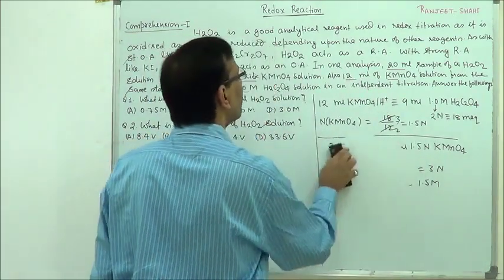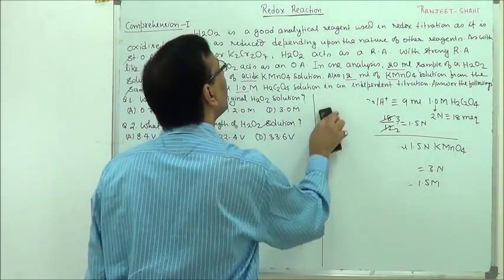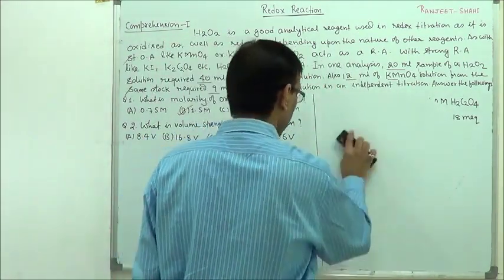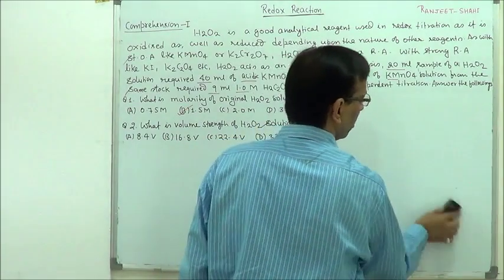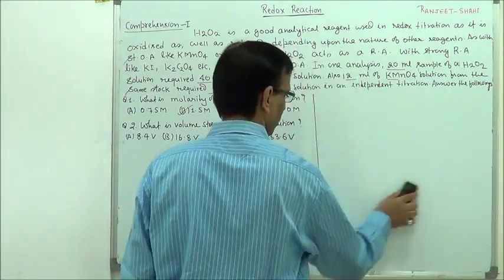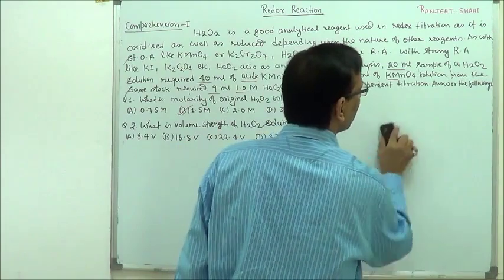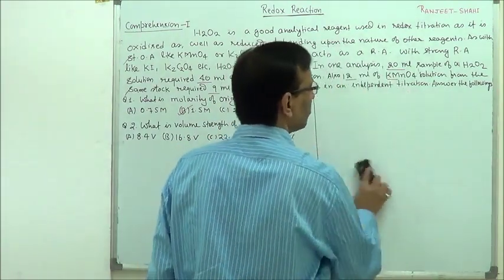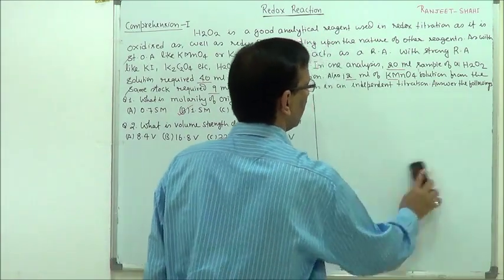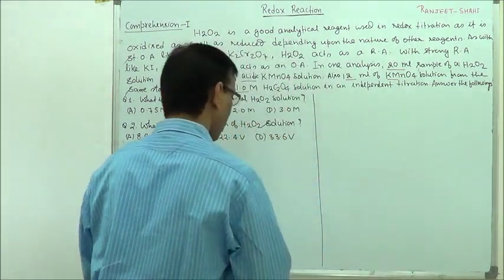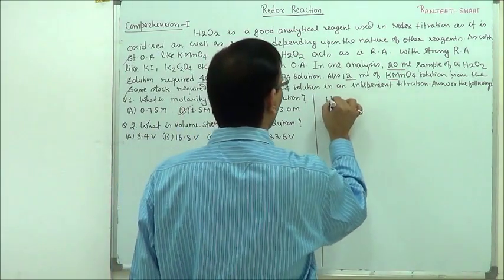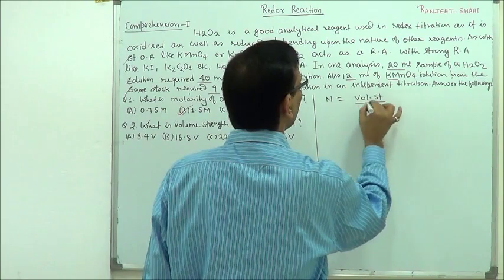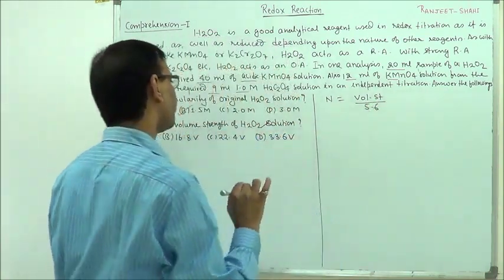So we will not be deriving it now, we will just be using the result we derived in the previous lecture, that for H2O2 volume strength is related to normality as normality is equal to volume strength divided by 5.6.